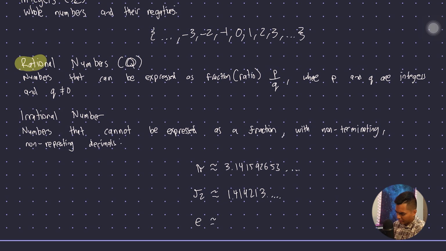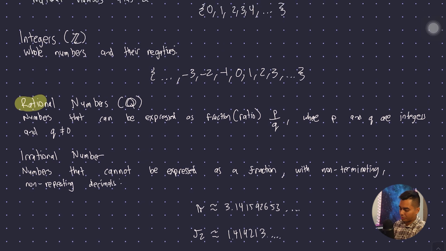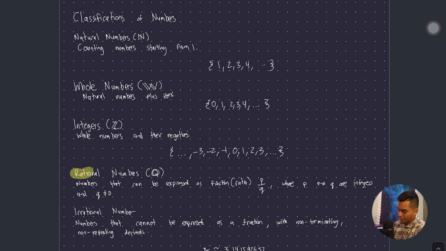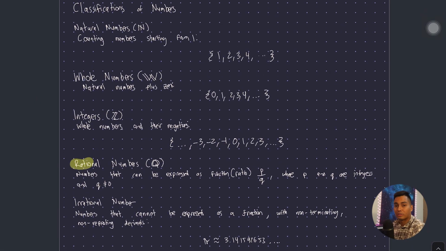Last but not least, we have the number e, known as Euler's number, equal to 2.71828, and these digits go on to infinity as well. So these are all the classifications of real numbers.